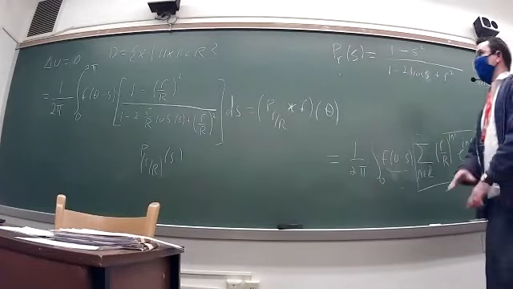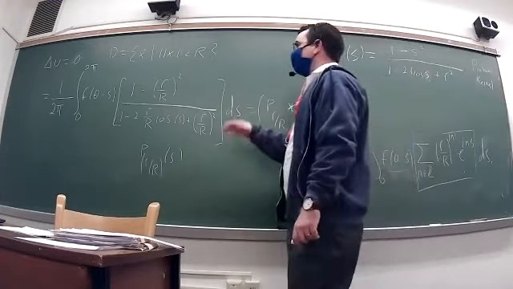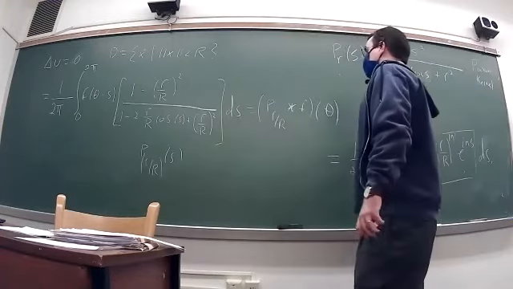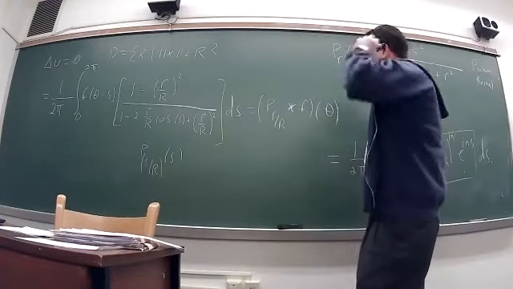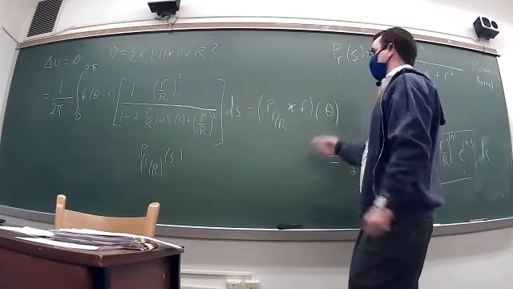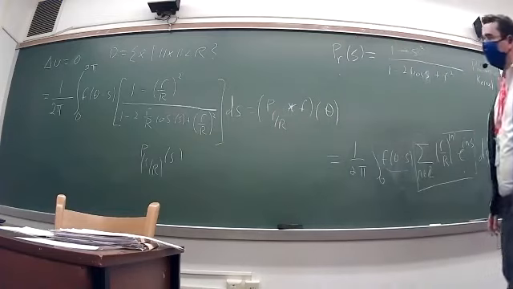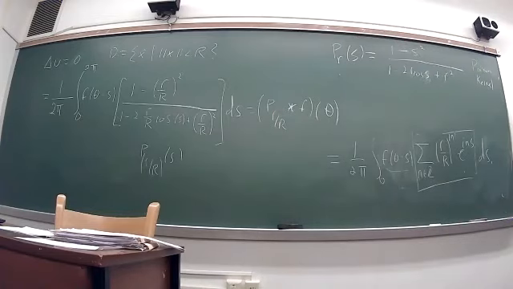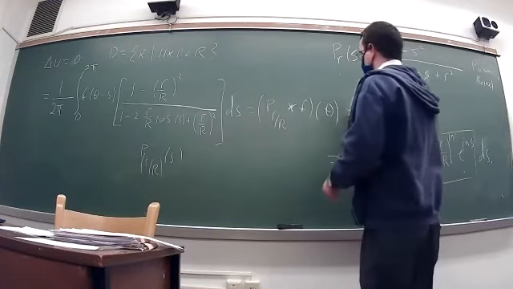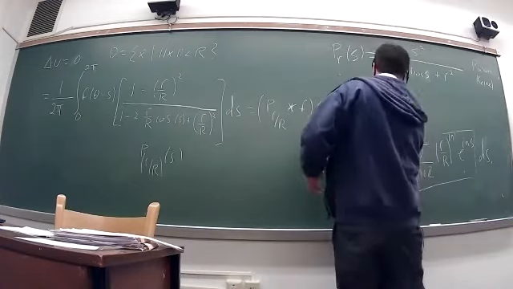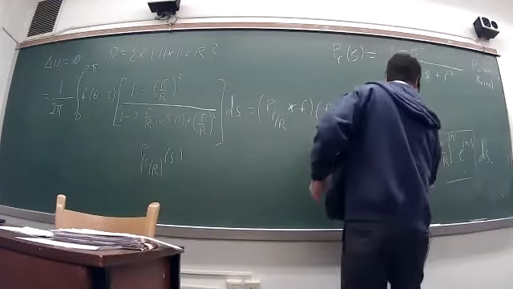So if you want to solve the Laplace equation on a disk of radius capital R, you convolve with the Poisson kernel of r over that radius. And that's what you get. It's also true that convolution is symmetric.